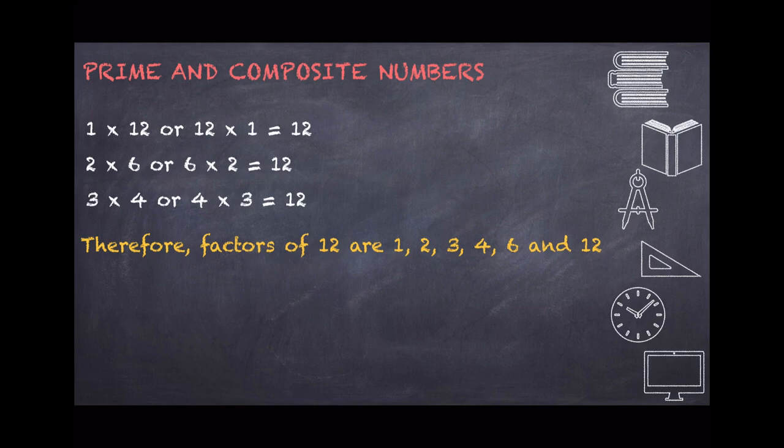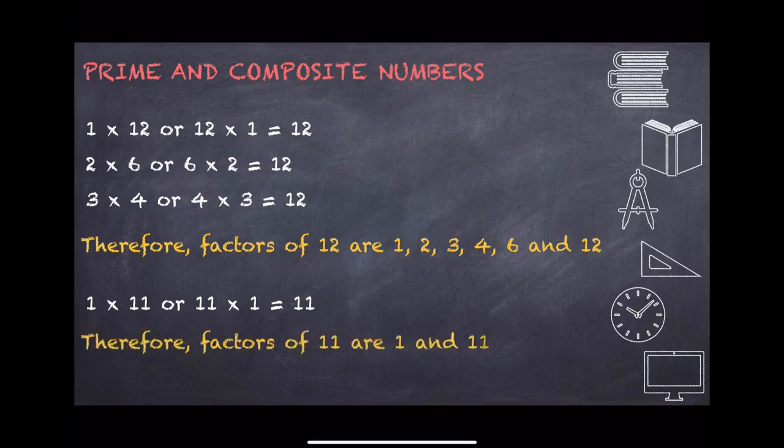Now let's try to find the factors of 11. We know that we can obtain 11 as the product only by multiplying 1 and 11. There are no other pairs of numbers which could be multiplied to obtain 11. So 11 has only 2 factors, 1 and the number itself.